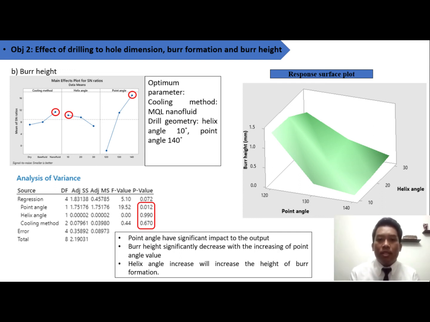Based on the chart on the slide, the burr height is significantly decreased when the point angle of the drill bit is increased to 140 degree. Also the helix angle has a minimum impact on the burr height value. As we can see, the burr height is slightly lower for the smaller helix angle at 10 degree compared to the higher helix angle at 30 degree.